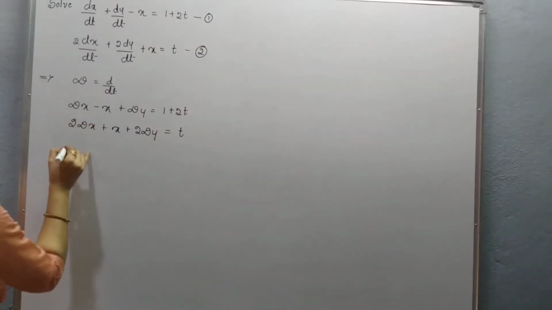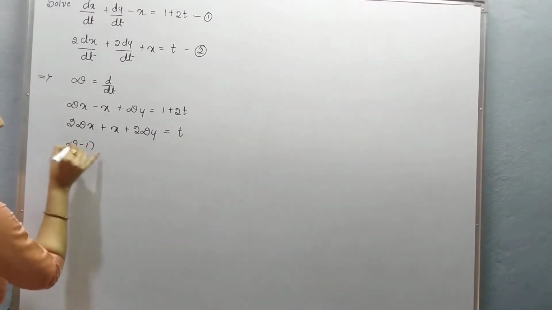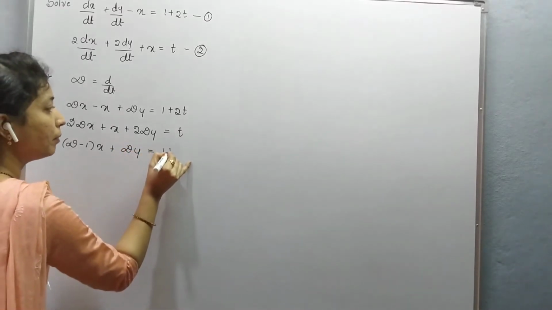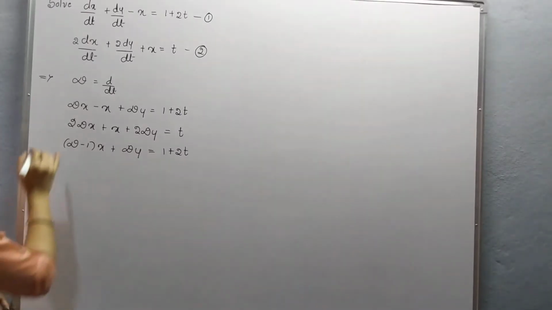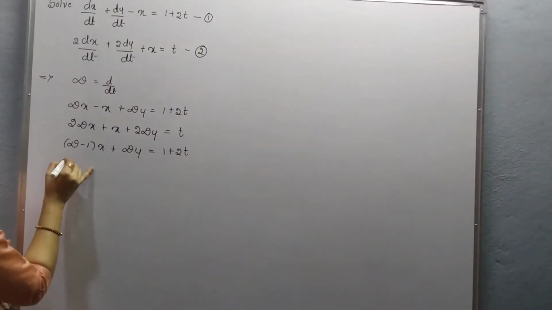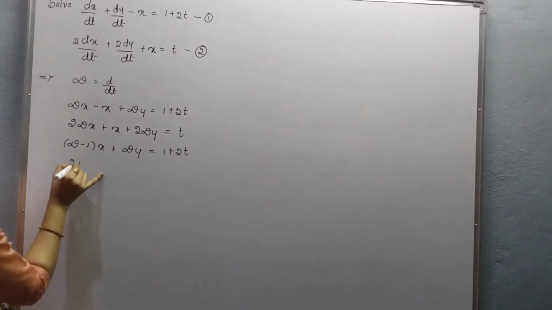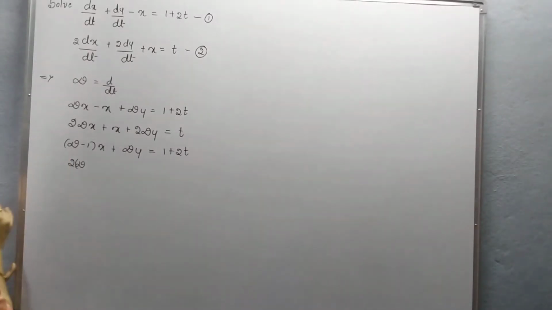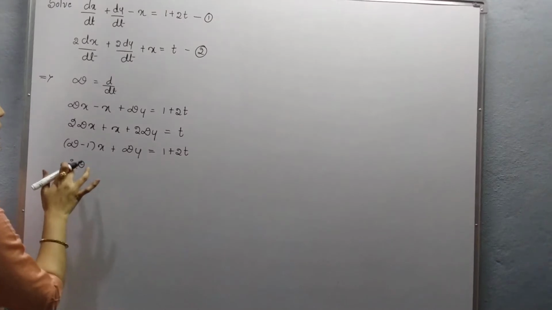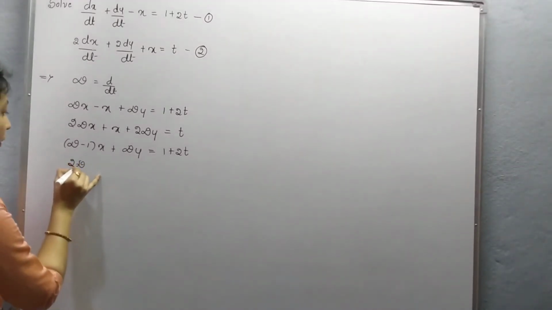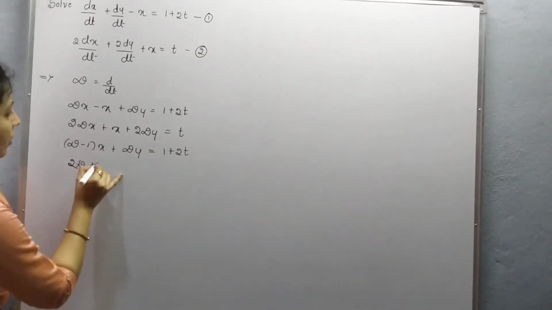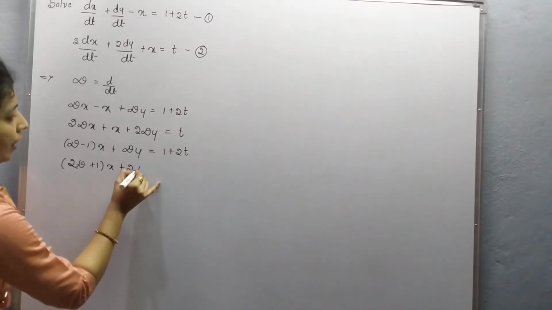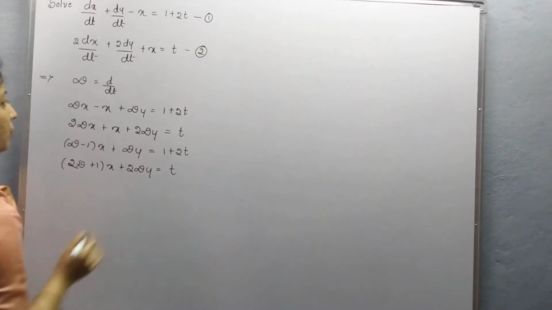So again, from the first equation the term x is common, so it is (D minus 1) into x plus Dy is equal to 1 plus 2t, and here x is common, then into the bracket we have 2D, or we can write it as 2D plus 1 into x plus 2 Dy is equal to t.